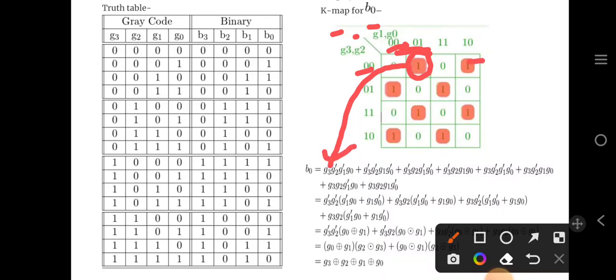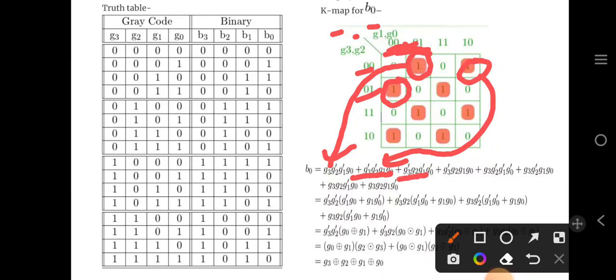Now if you consider this group, then it will be 0 0 1 0, means G3 dash, G2 dash, G1, G0 dash. So this is the variable for the second group. Now the third group is 0 1 0 0, means G3 dash, G2, G1 dash, G0 dash. So this is for this group.